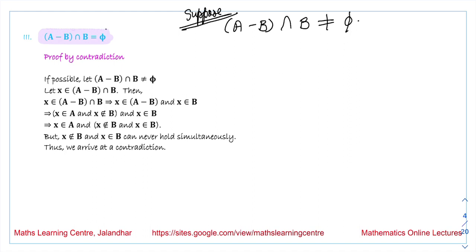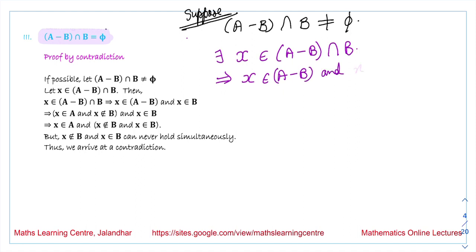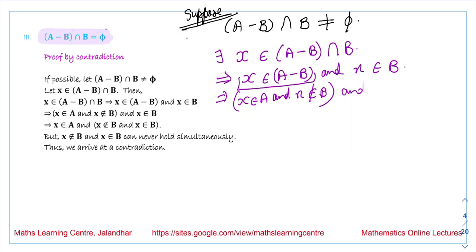If this is not equal to phi, it means there exists some X such that X belongs to A minus B intersection B. This means that X belongs to A minus B and X belongs to B. What does X belongs to A minus B mean? It means X belongs to A and X does not belong to B, and X belongs to B.